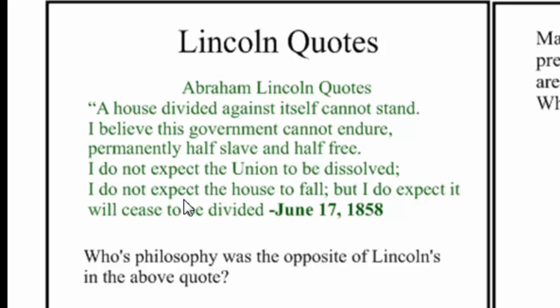I do not expect the house to fall, but I do expect it will cease to be divided." Now, Lincoln's philosophy is we can't remain half slave and half free. My question is, whose philosophy was the opposite of Lincoln's in the quote above? And that was Stephen A. Douglas. He said we could remain half slave and half free as our forefathers made it.